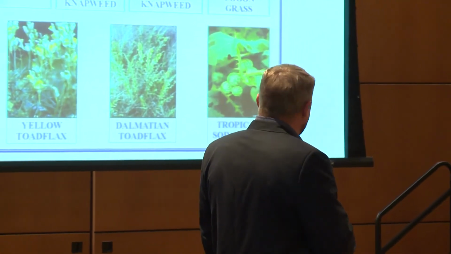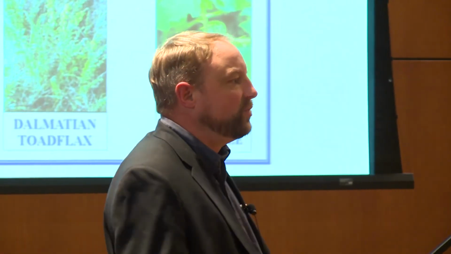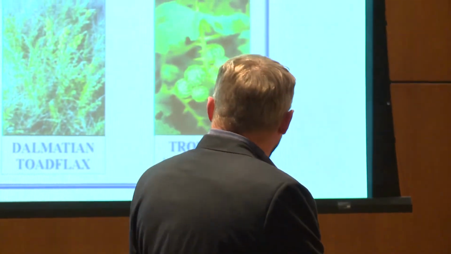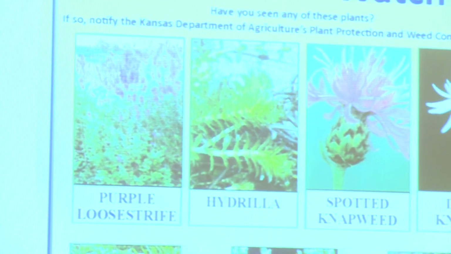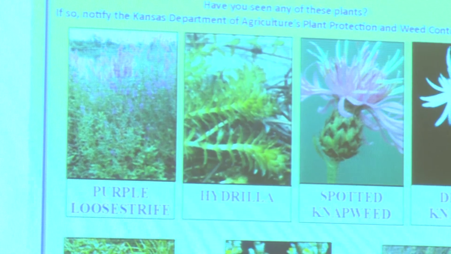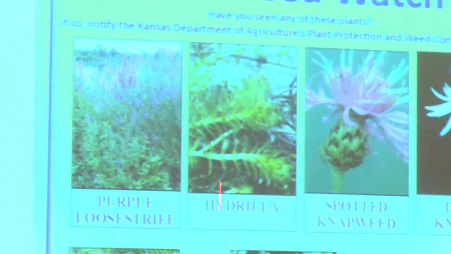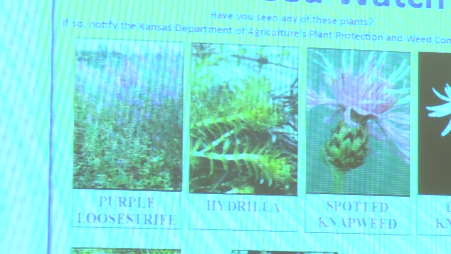And for many years, it was thought that it would never survive anywhere where it freezes during the winter. But it has, in fact, become established in a pond up in Olathe. And so it can survive a freezing winter. So a really big concern because it can just completely take over a pond.